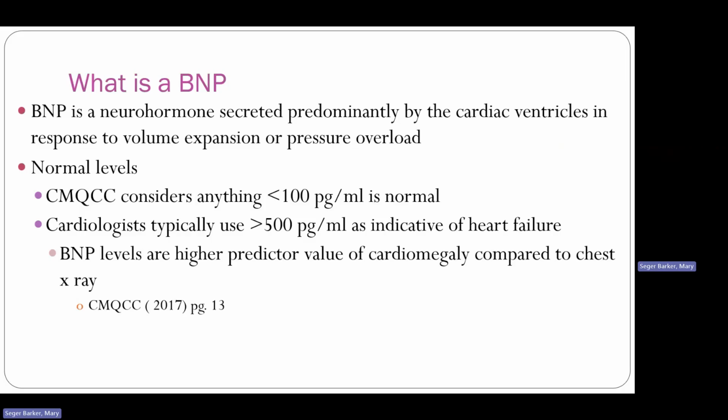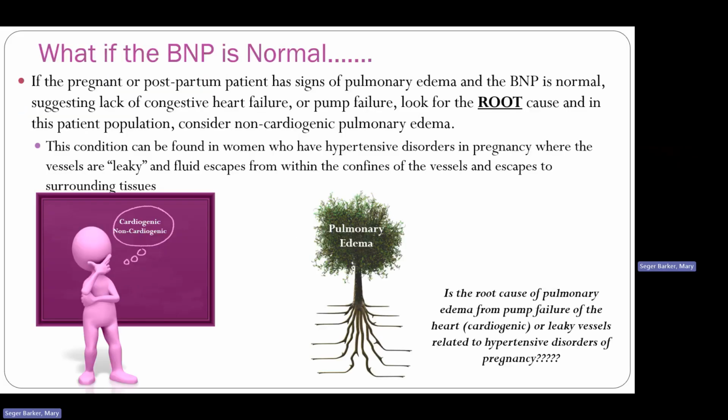CMQCC considers anything less than 100 normal, where some cardiologists will say anything greater than 500 is indicative of heart failure. So BNP levels are better predictors of cardiomegaly or cardiomyopathy compared to chest X-ray, especially in the pregnant woman, and if she has any kind of hypertensive disorders.